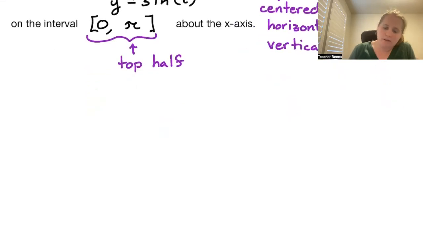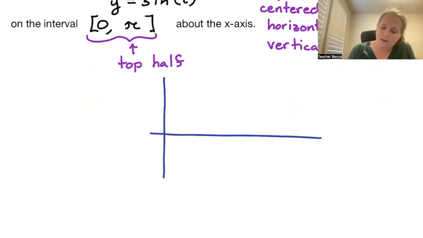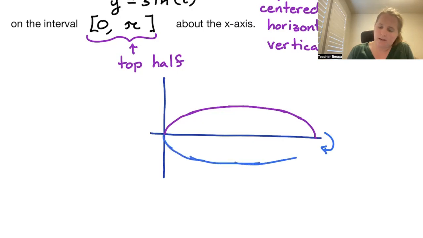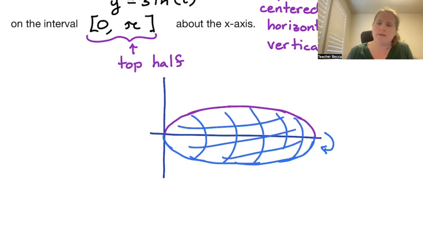So essentially, we have a long, thin ellipse looking at the top half, and then we're rotating that about the x-axis. So it looks somewhat like a football, and we're calculating the surface area.